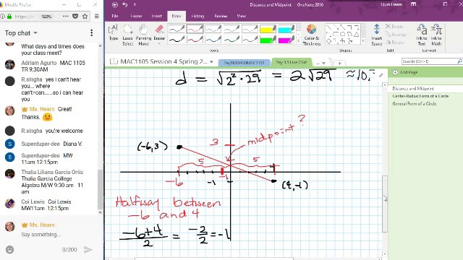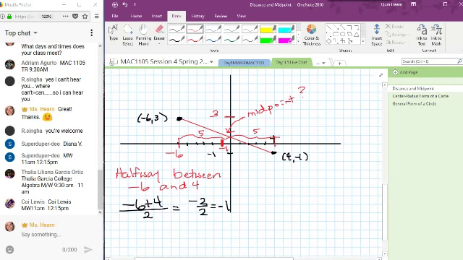All right, so what we just found is that the x coordinate of the midpoint is going to be -1. Now let's find what's halfway between the y values -1 and 3.